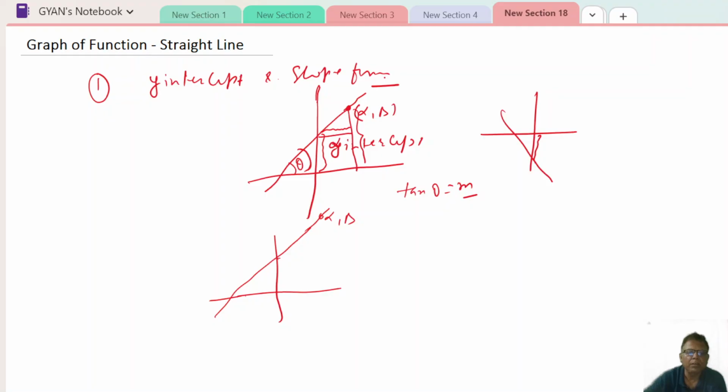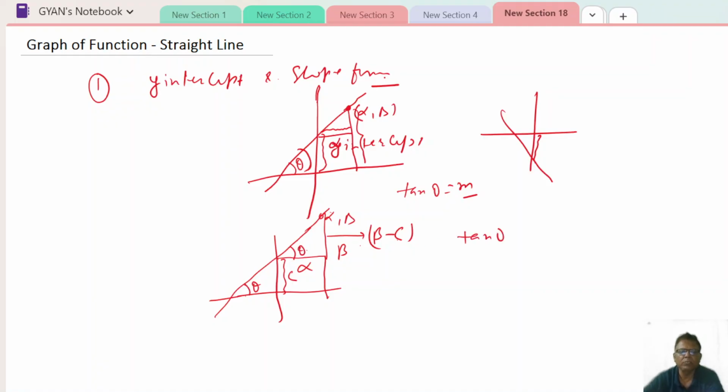Then this distance is called alpha, this distance is called beta, and this distance is the intercept c. So what is this distance? This distance is beta minus c. And this angle is theta, because this angle is theta, so this angle is also theta.